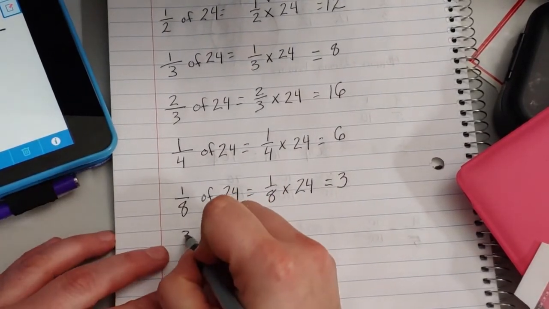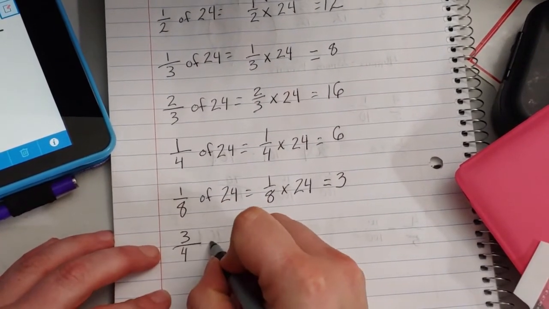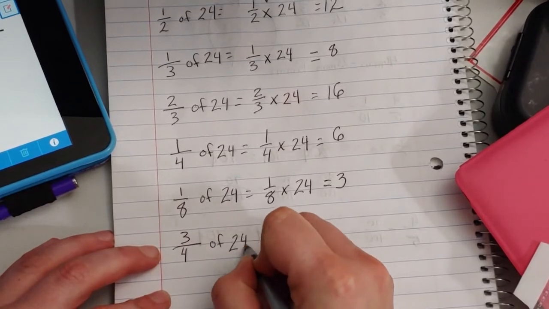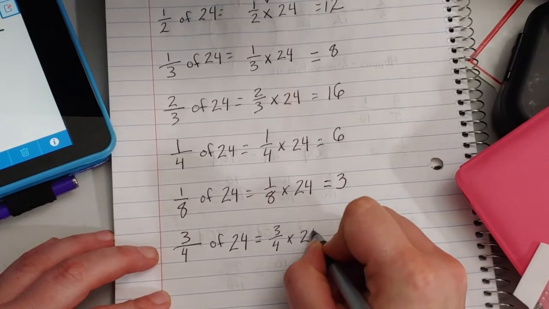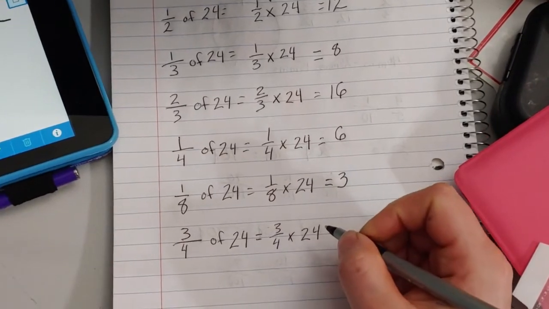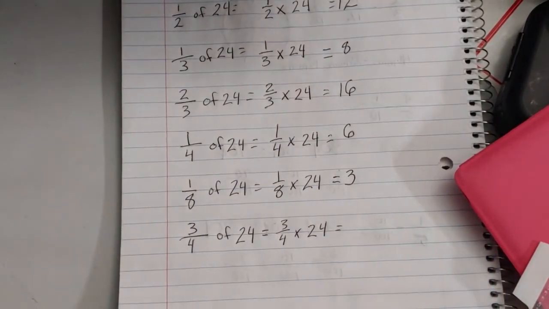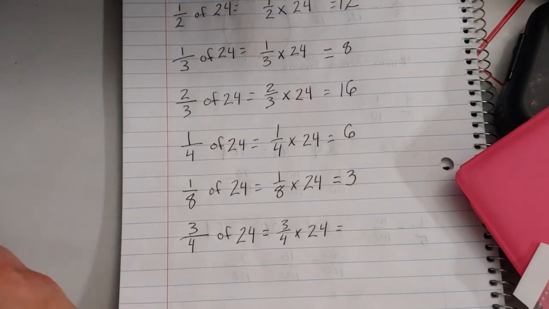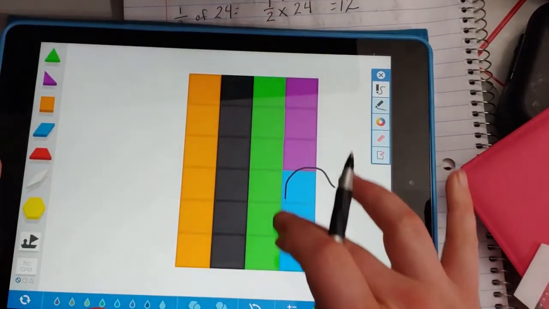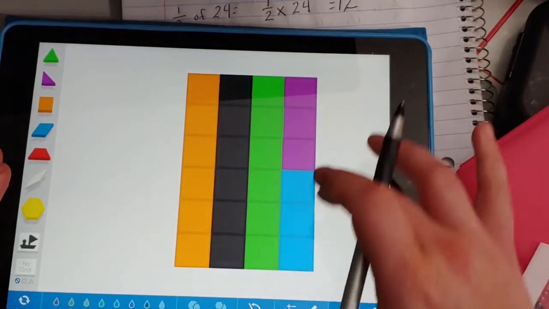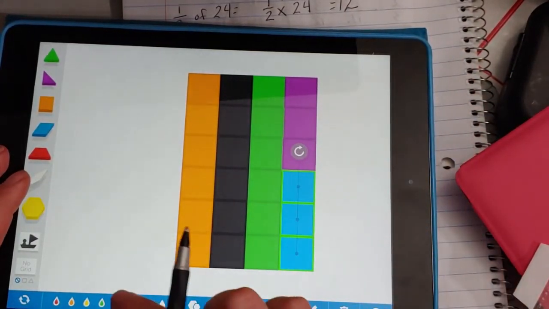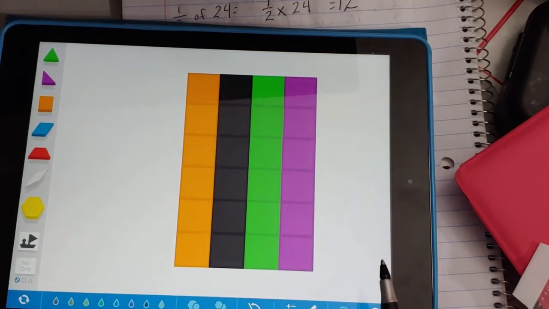Ooh, how about 3/4 of 24? 3/4 times 24. Pause and solve. Alright, I'm going to change that back to purple.